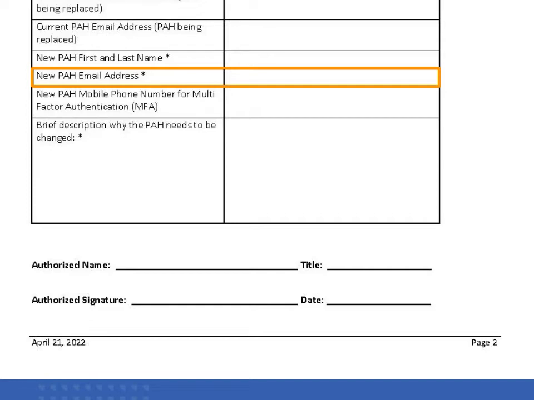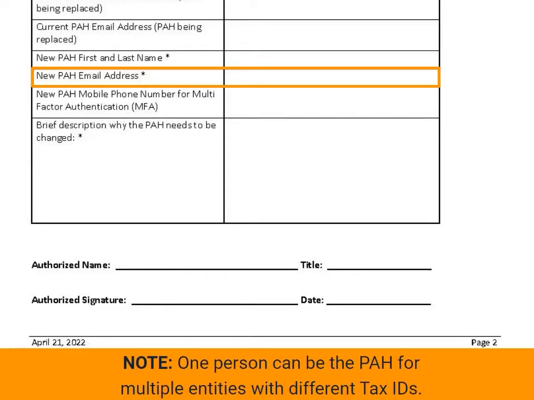Here is a big difference between the old system and MES Provider Portal. For security purposes, a unique email address is required for each tax ID. This means when one person is the PAH for 4 entities with different tax IDs, that person will need 4 different email addresses, one for each entity, to access the portal and perform tasks on their behalf.